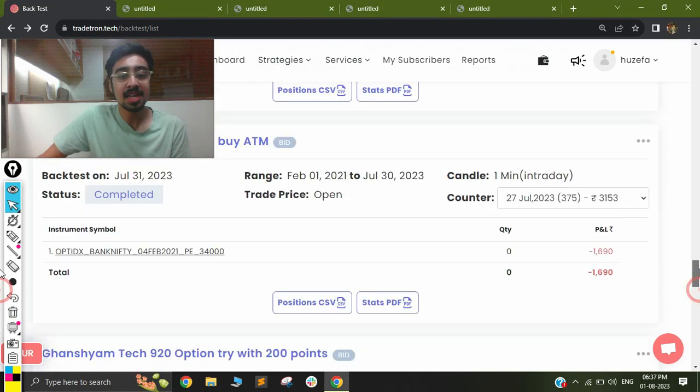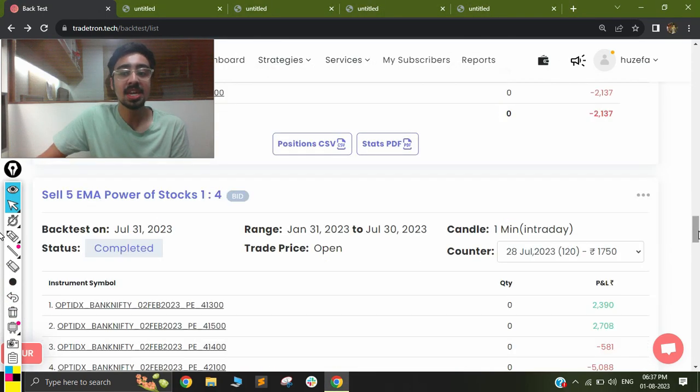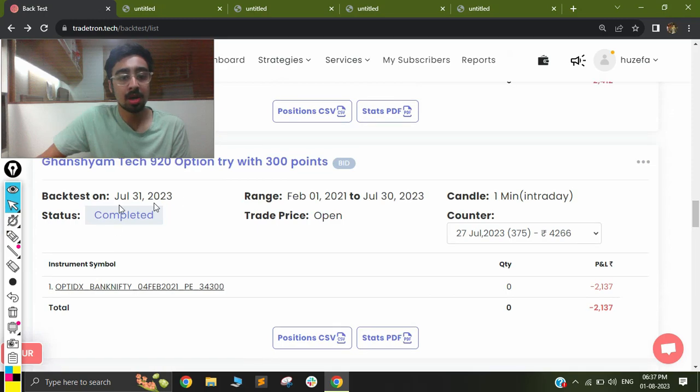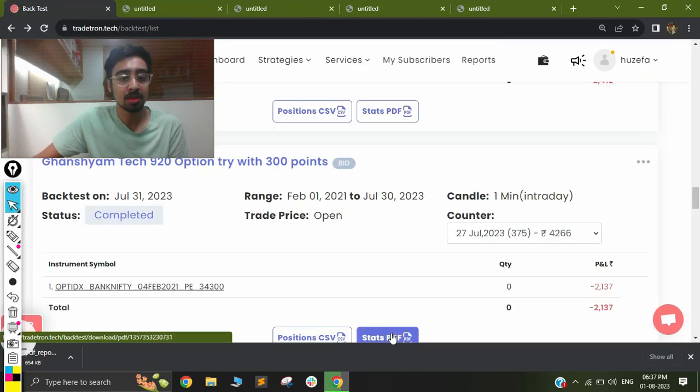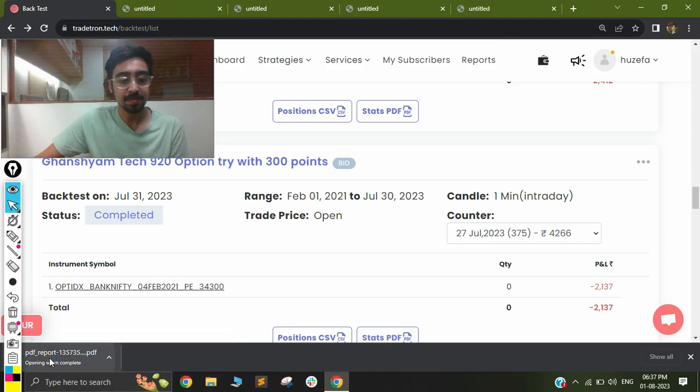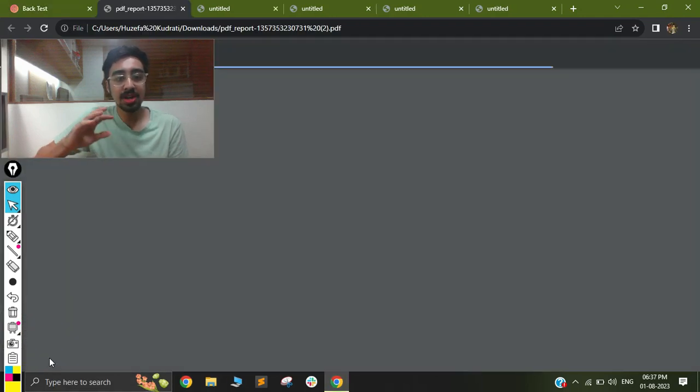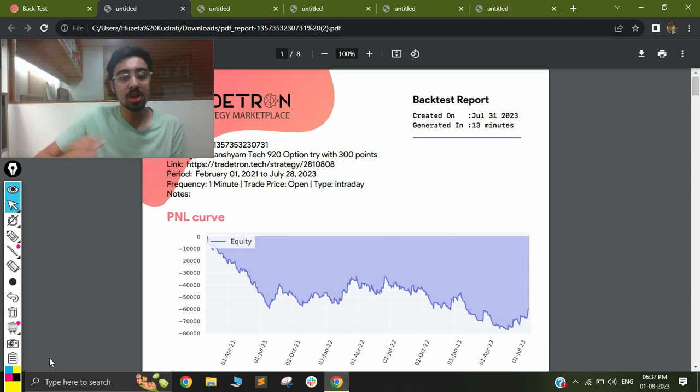let's try and understand what happens if we go 300 points in the money. So I have a backtest report where I'm looking at 300 points in the money. So now if I look at that report and compare it with the 200 point, I can see that after looking at 300 points in the money, the strategy is going even further down.